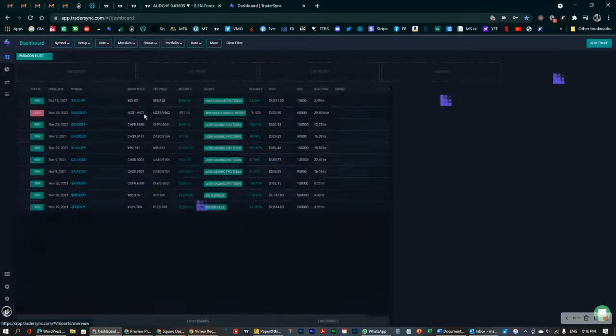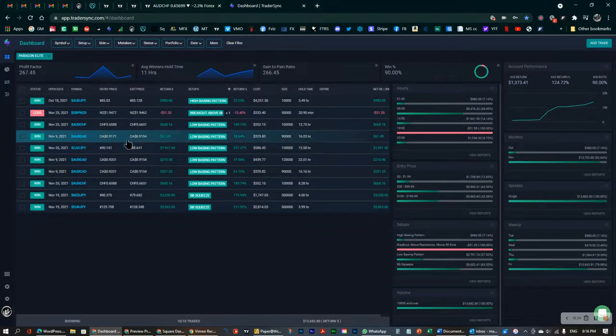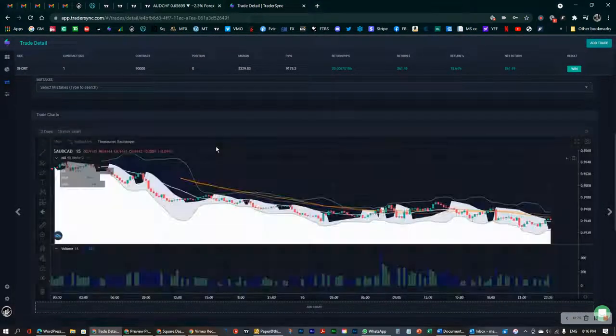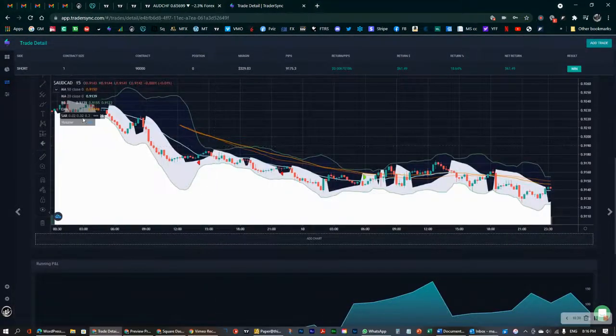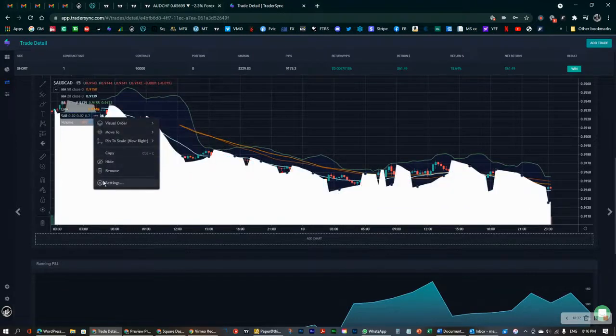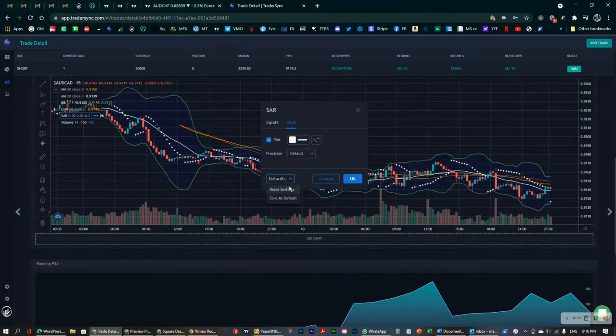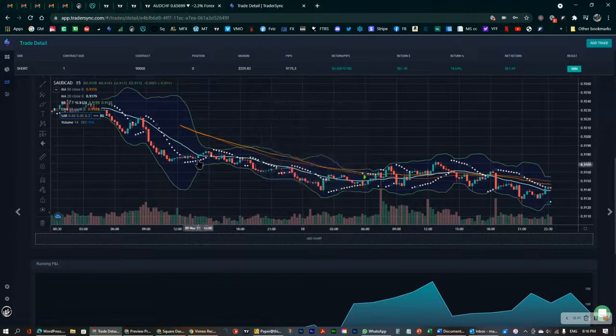Now, let me show you what happens. This is why you don't have to cut and paste the charts. So several minutes after you're done, I don't know why the SAR is doing this, but I'm going to get rid of that, and we're going to do this and save as default. Okay.